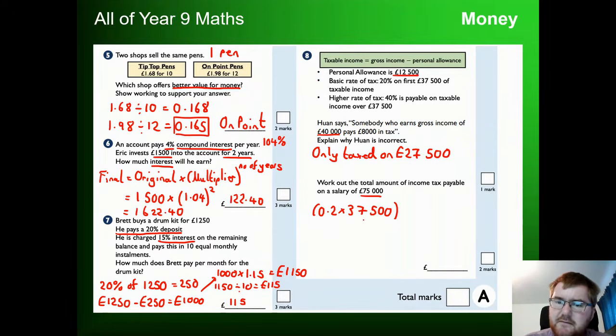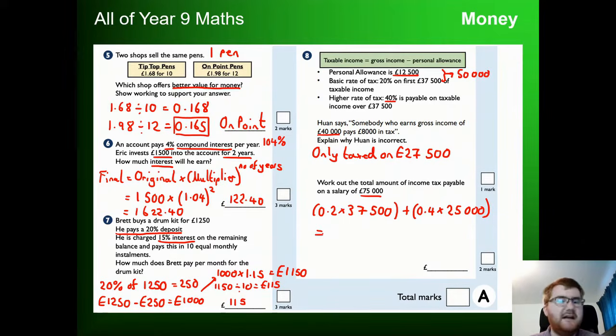So if we do 37,500 plus 12,500, add those together, that gives you 50,000. So anything above 50,000, he's then taxed at 40%. So the difference between 50,000 and 75,000 is 25,000. So he's taxed 0.4 on that 25,000 extra that he or she earns.